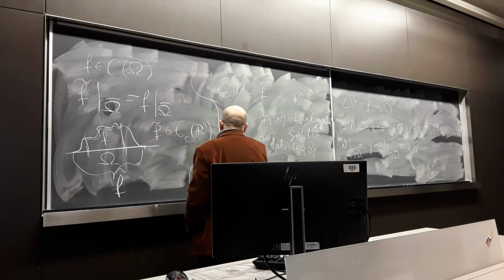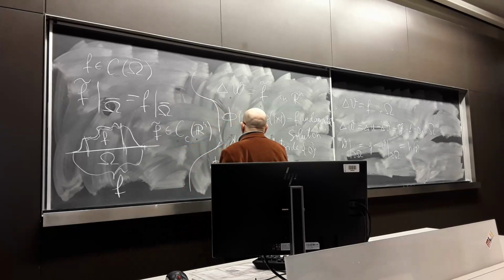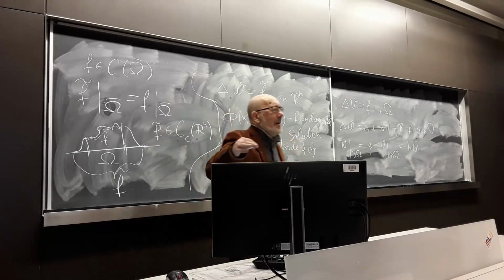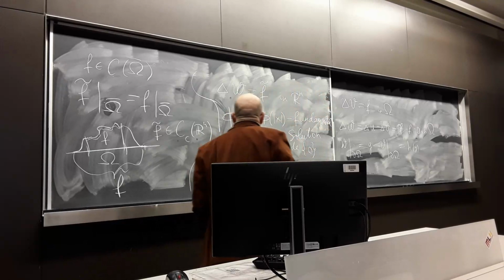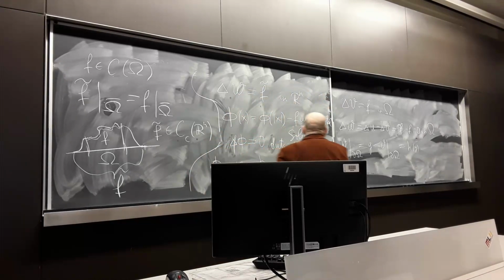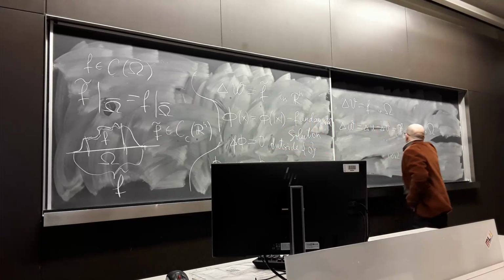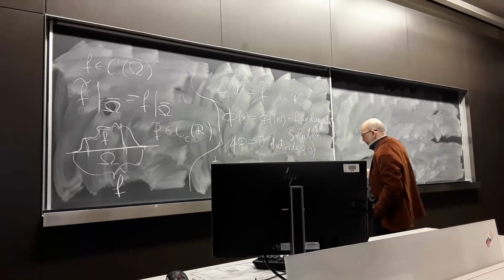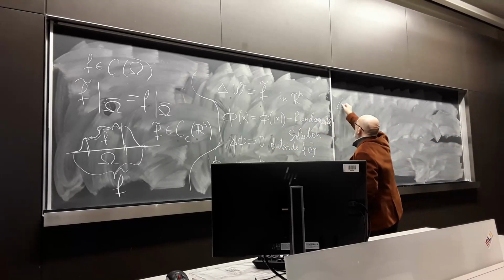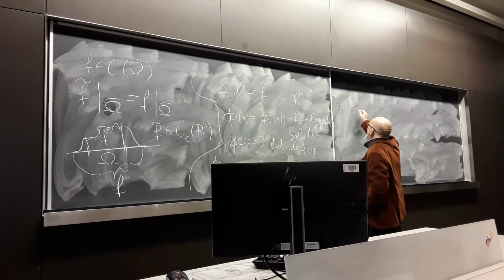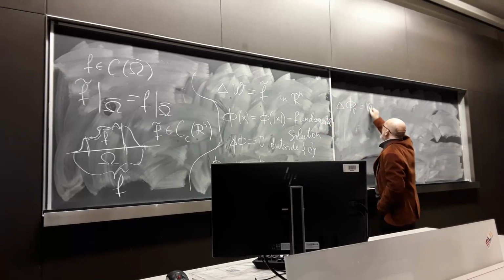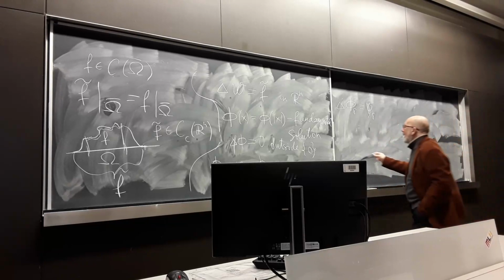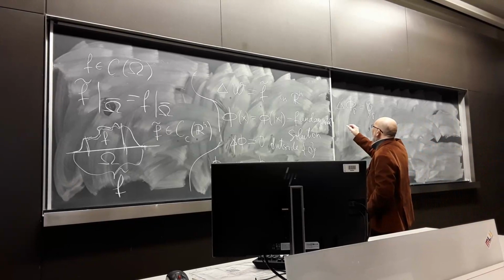phi delta equals phi convolved with a mollifier. It is a modification. Then, as I explained, the Laplacian of phi delta is the mollifier. So it is a function. Let me draw this function.